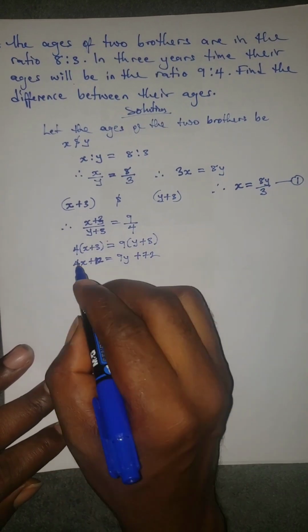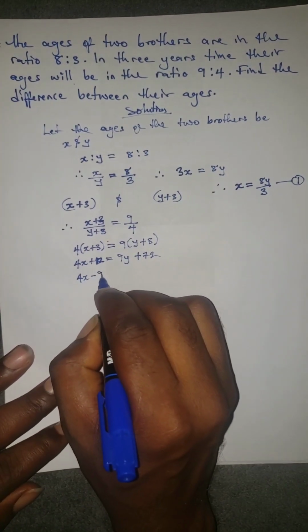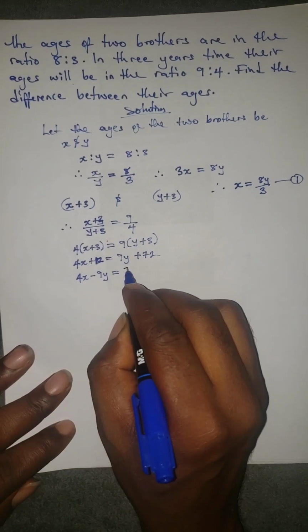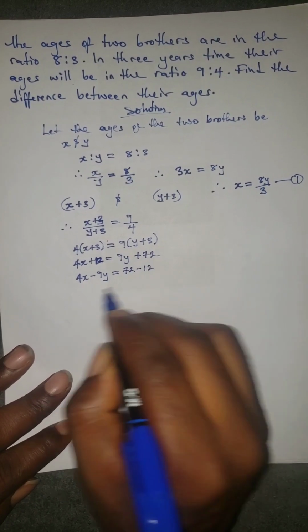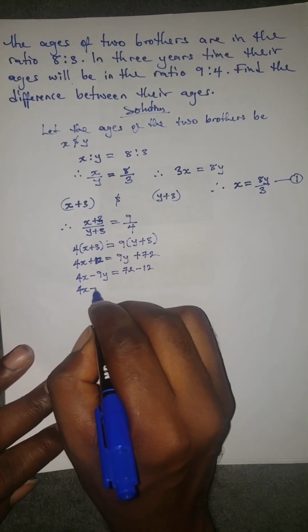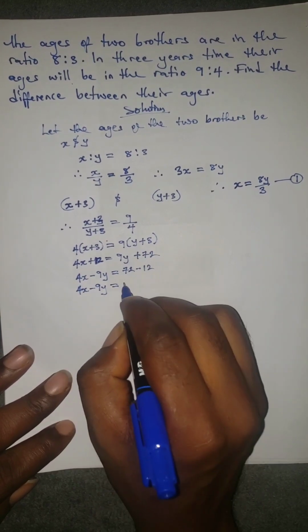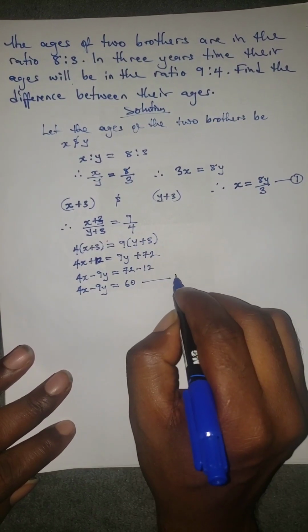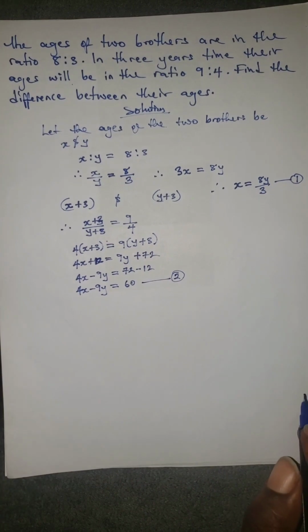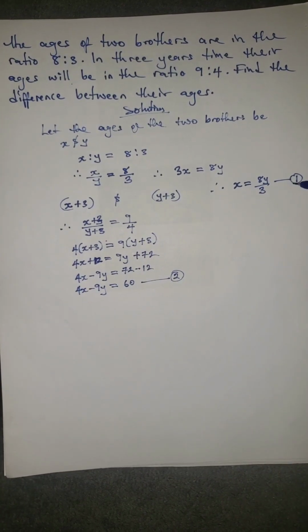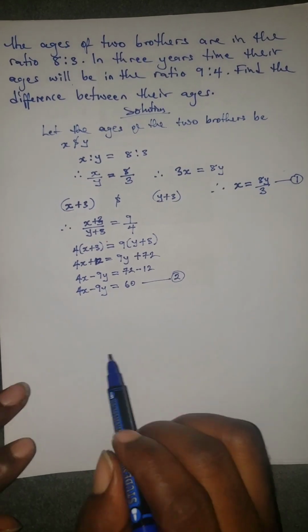Which will make this one now 4x minus 9y equal to 27 minus 12. That means 4x minus 9y equal to 15. So we call this one equation 2. So all you need to do is to take the value of x in equation 1 and put it in equation 2.